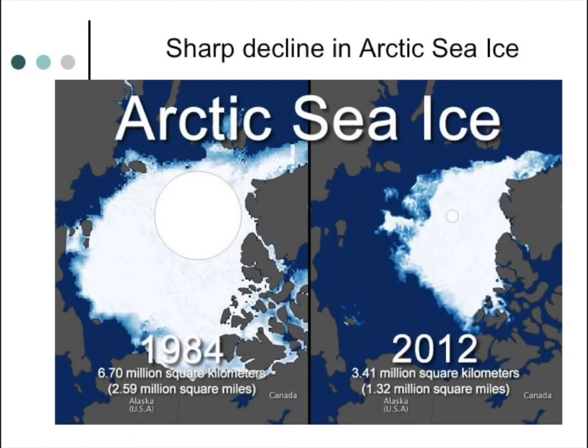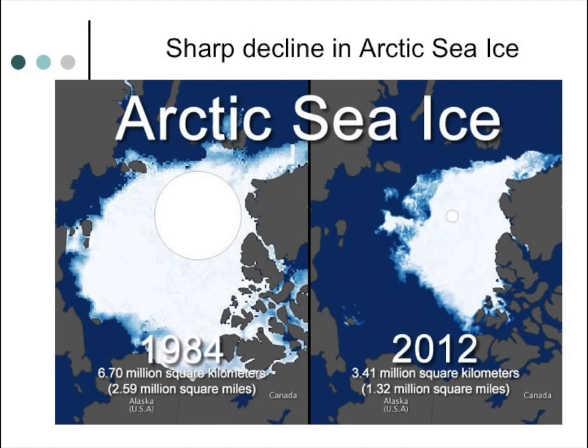Another indicator of global climate change is the change in Arctic sea ice. As you can see in these pictures, since 1984, most of the Arctic sea ice is disappearing during the summer. And we're looking at some point in the future of Arctic sea ice totally disappearing during the summer.